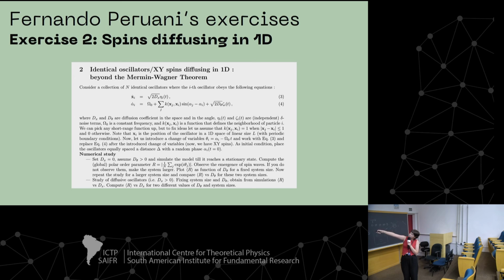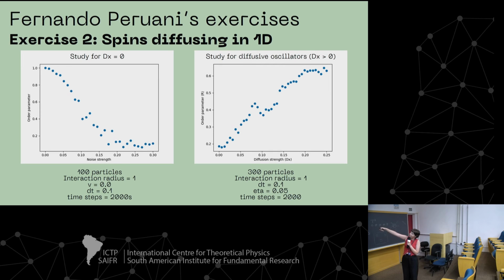And what I computed was the polar order parameter first with dx equal to 0, and then we see the temporal changes in d theta, and then dx larger than 0. So this is what you get, and yeah, this is correct from what I have spoken with Fernando.